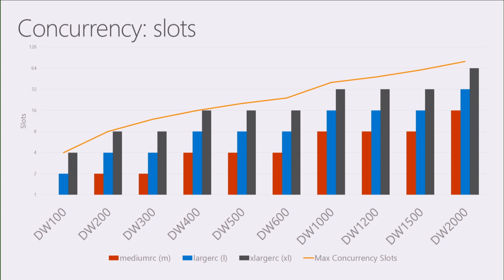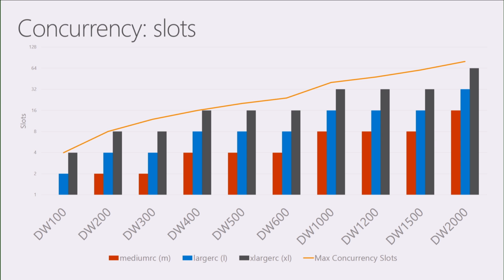Now, with a slot, your queries are aligned to a resource class. For those of you who are familiar with the concept of resource governance in SQL Server, these are resource classes that are similar to that. These resource classes govern the amount of memory that you have access to.